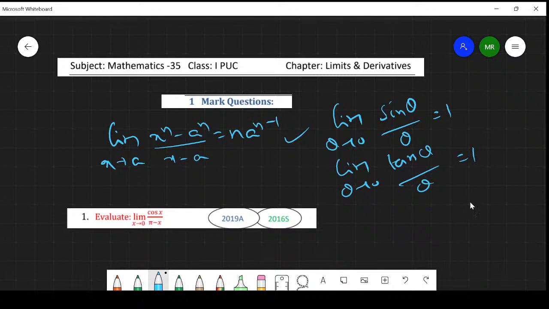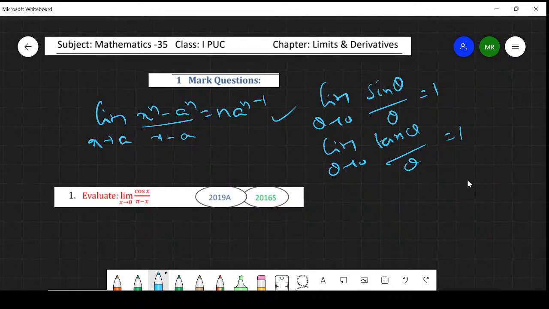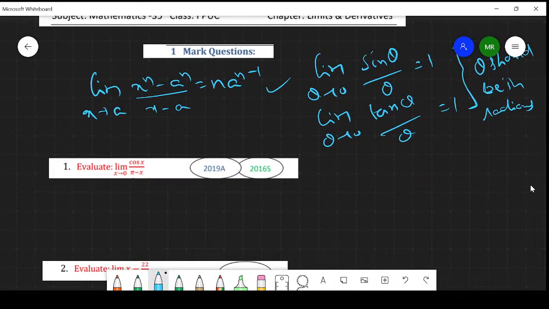Just remember this formula. Even if the derivative comes, I will tell you the first principle of the derivative also. In both cases, theta should be in radians. That is important here.